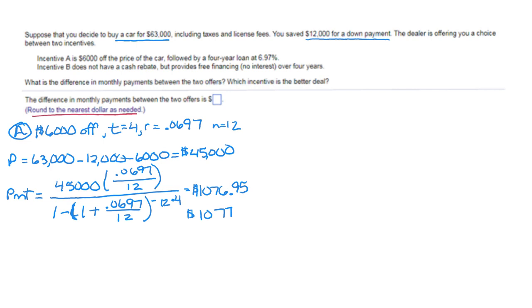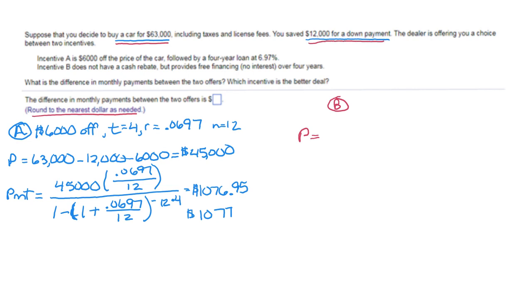And then the next thing we're going to take a look at is the part B. Let me go put incentive B over here. Incentive B. So we know we still have the same price of the car, $63,000, does not have a cash rebate. All right, so we know that P is going to be the price of the car minus your down payment.